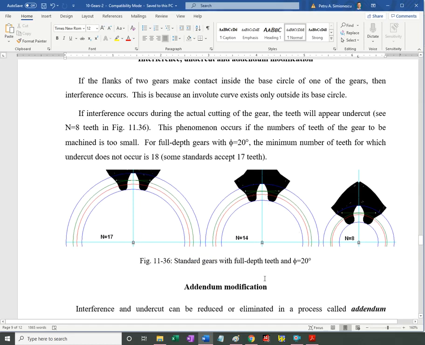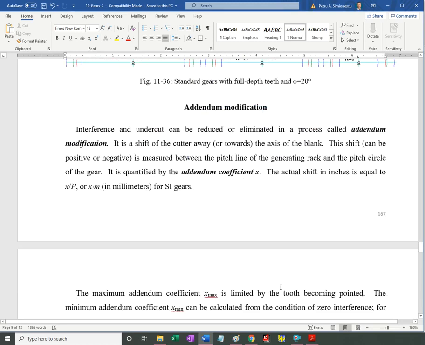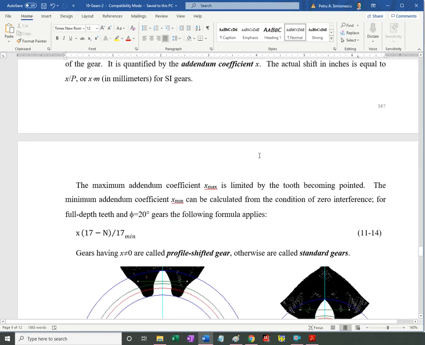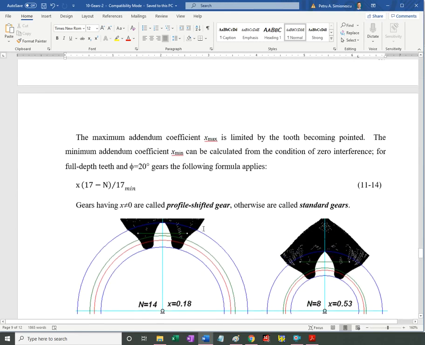We looked at undercut. We looked at the way the addendum modification can fix the undercut. I'm not going to go through the process. I mentioned that teeth with 18, maybe 17 teeth are assumed to be standard gears, not undercut. If you go less than 17 teeth, they will be undercut.